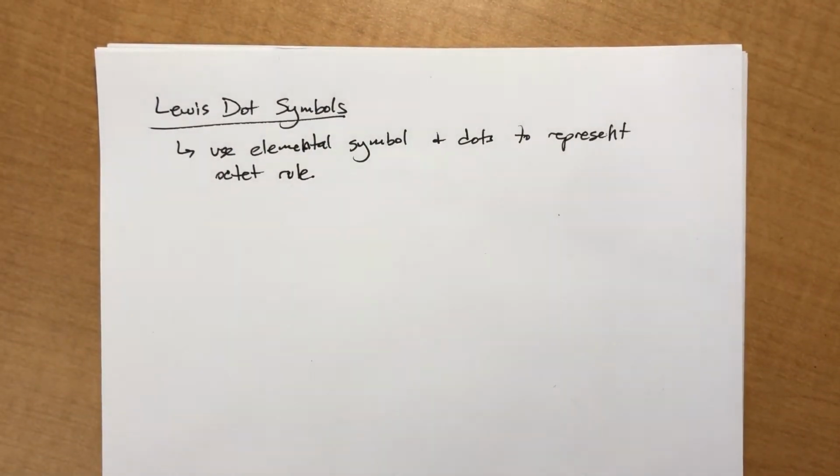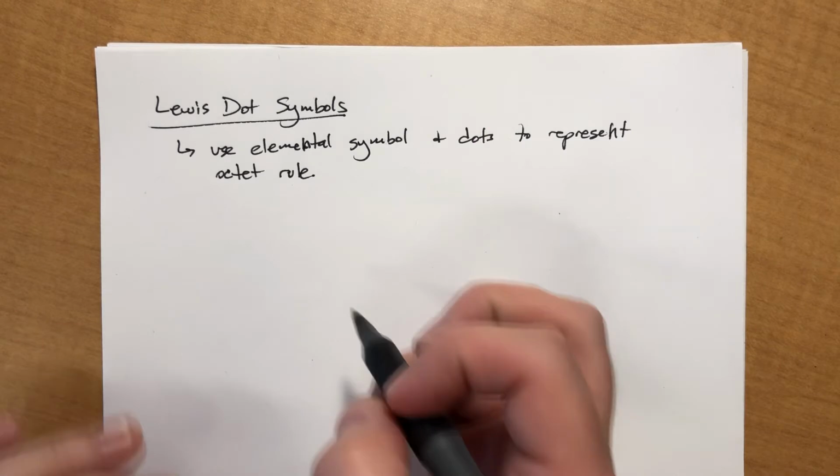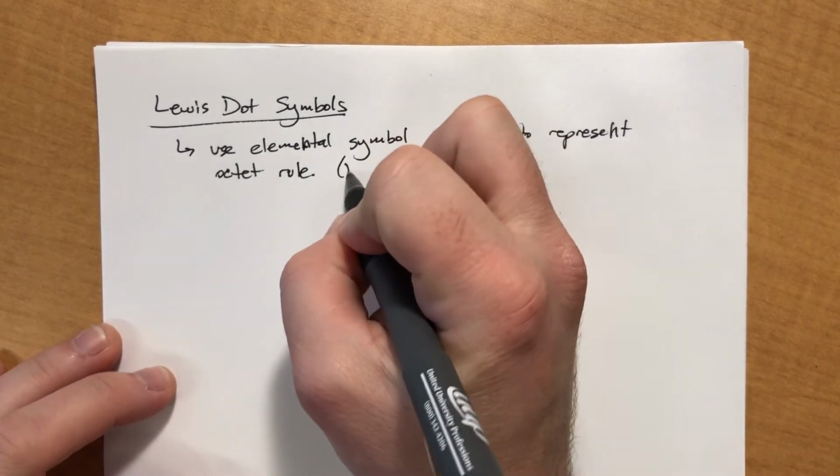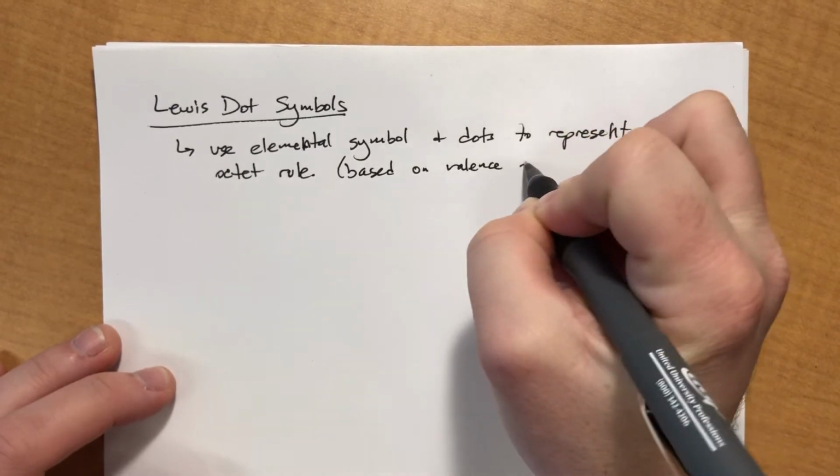So, how do we keep track of this? Okay, it basically is based on valence electrons.